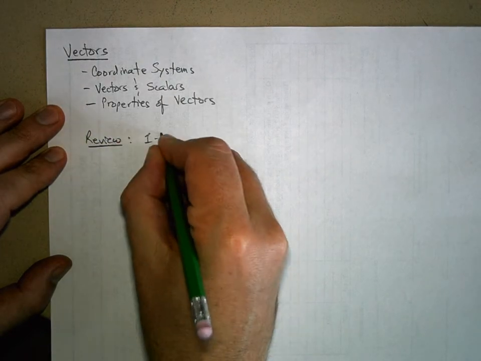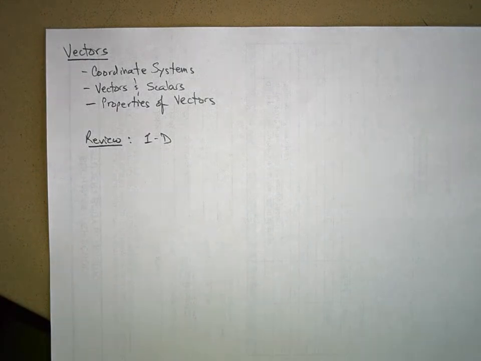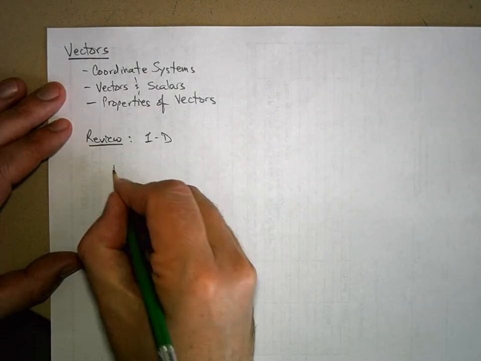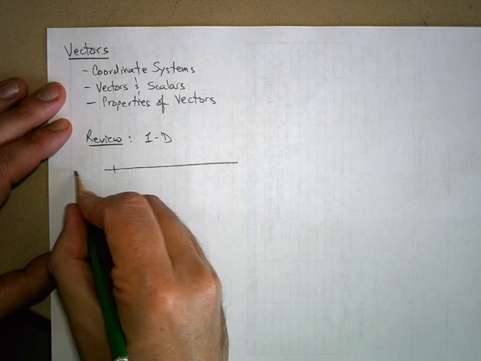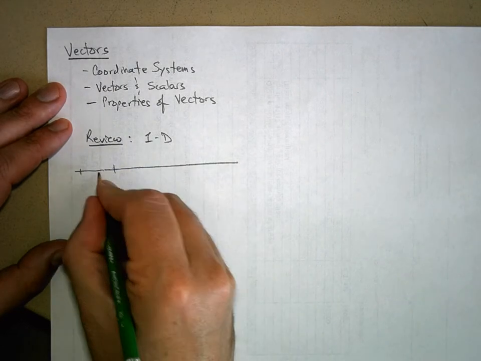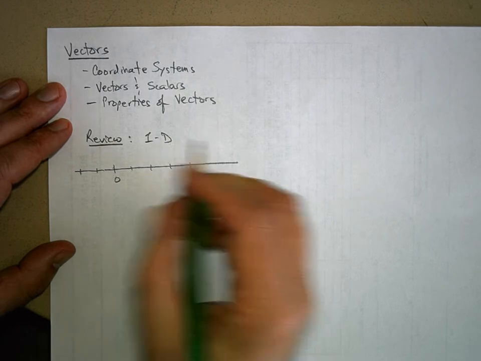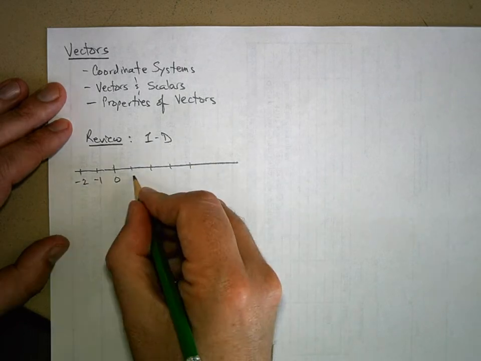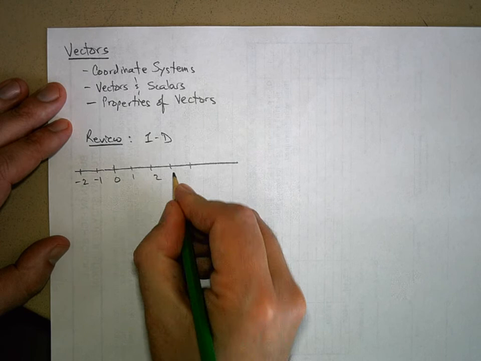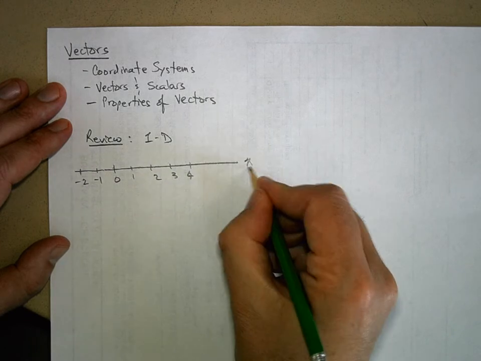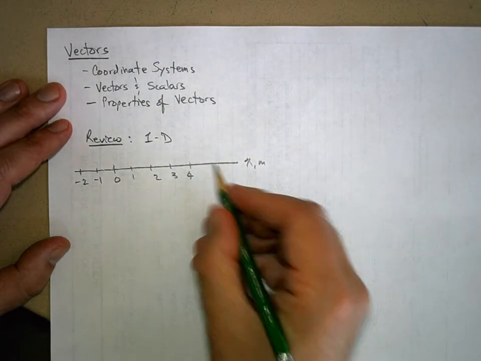We talked about motion along a single axis, and we said that, hey, look, if I've got an axis here, we'll put 0 here. And we'll say this is the position axis in meters.